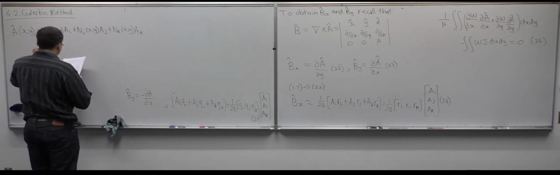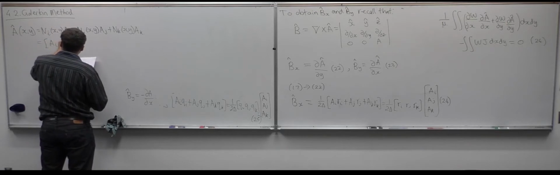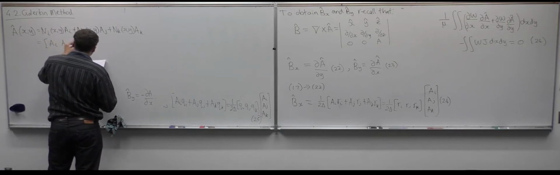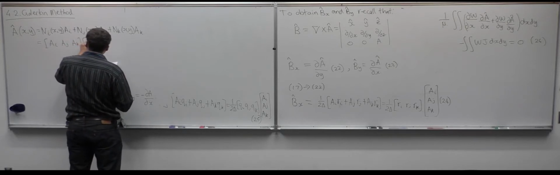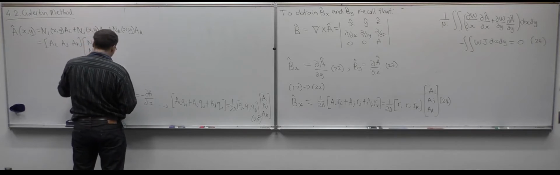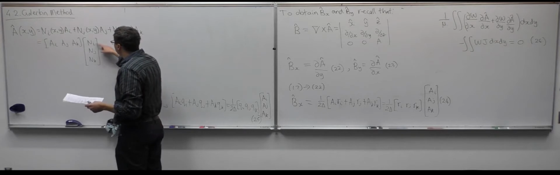So then we'd have Ai, Aj, Ak times Ni, Nj, Nk, like that. Now this second term here is the basis function.